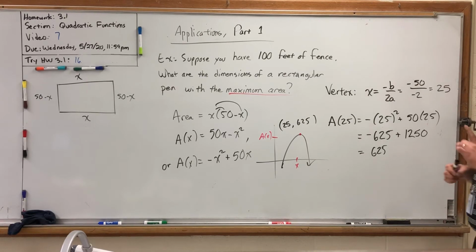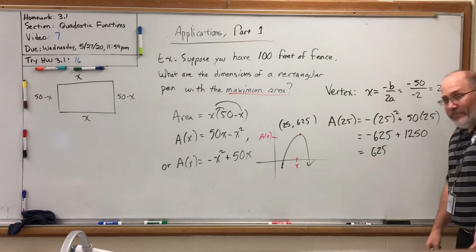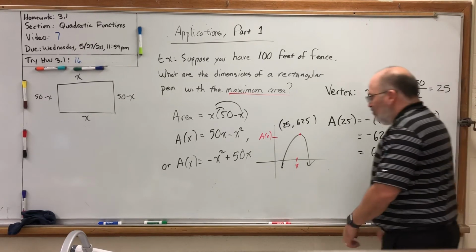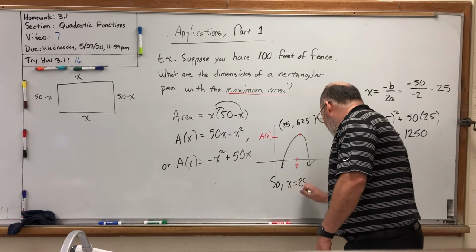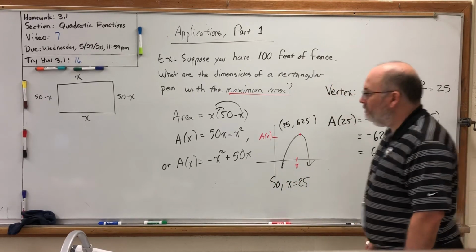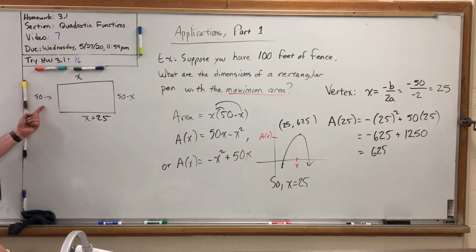So now I know the answer to one part of the question, because I'm being asked what are the dimensions, plural. I know the x is 25, is one dimension. What's the other dimension? 50 minus x, so 50 minus 25. Oh, that's also 25.